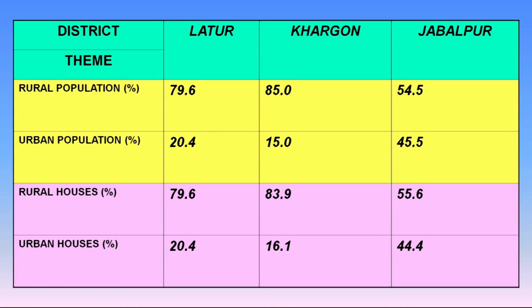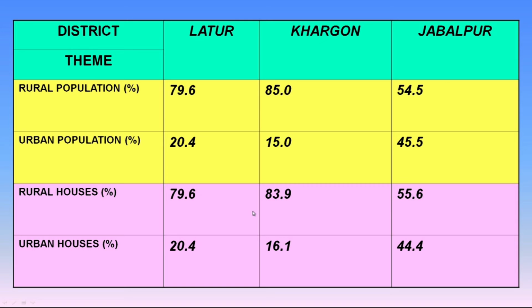So this is the scenario, with rural population, urban population, rural houses and urban houses. Rural houses in Latur were roughly 80%, whereas in Jabalpur just 56%, and few deaths, compared to thousands of deaths.